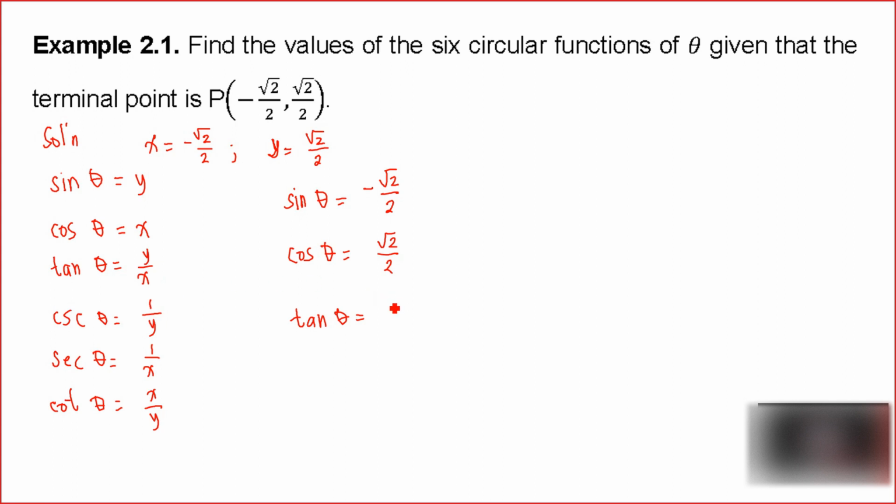Since we have the same value in the numerator and denominator but they differ in sign, the quotient is 1, and the quotient of opposite signs is negative. Therefore, the tangent theta here is negative 1.